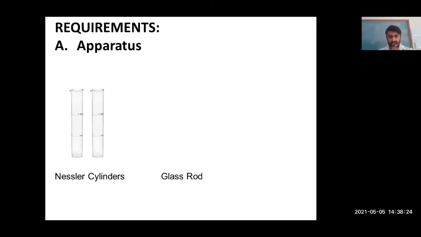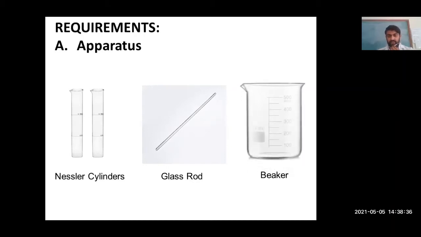Next, we need a glass rod for stirring and mixing the ingredients into the solution. Next, we need some beakers, of 100, 200, 500 ml capacity, to prepare our standard solution or the other various solutions, or to keep the solutions in their respective places.